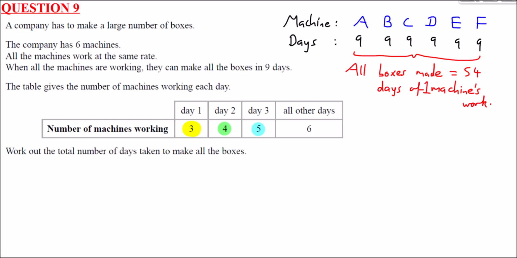So forgetting the other days, so far from day 1 through to day 3, 3 plus 4 plus 5, that comes to 12 days of one machine's work.